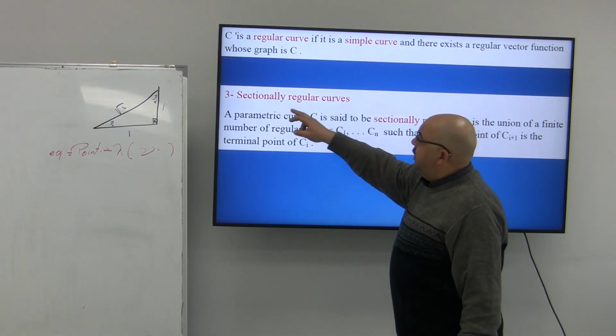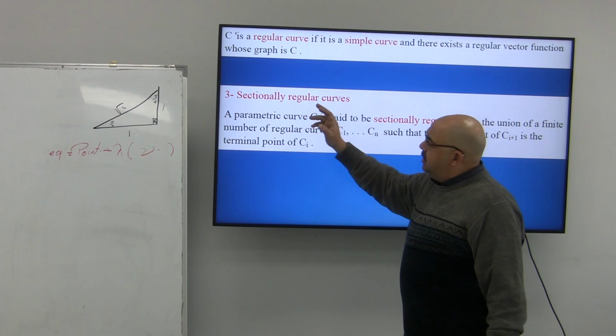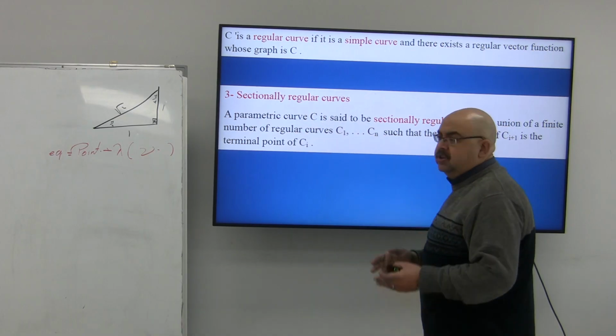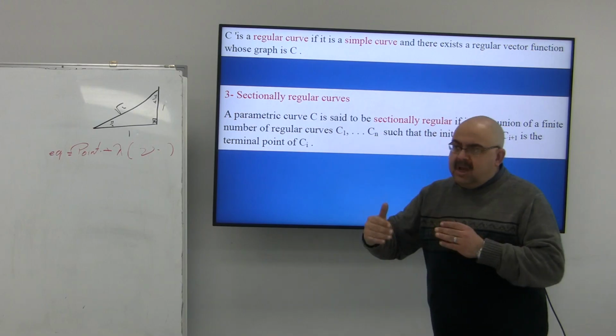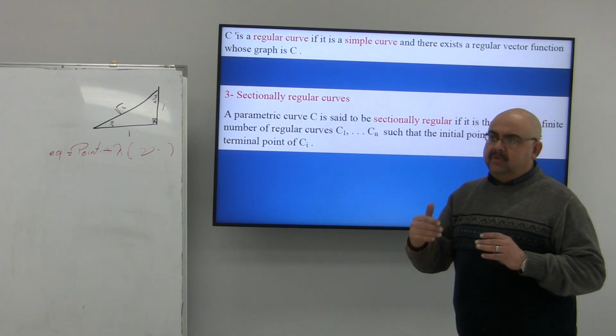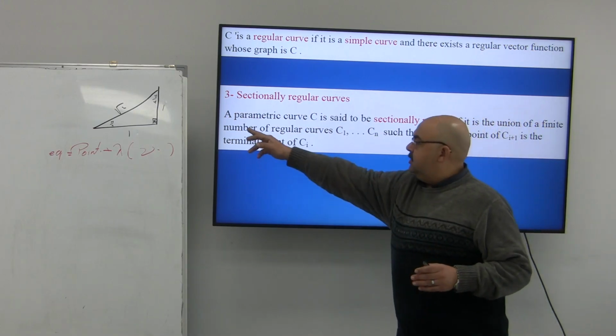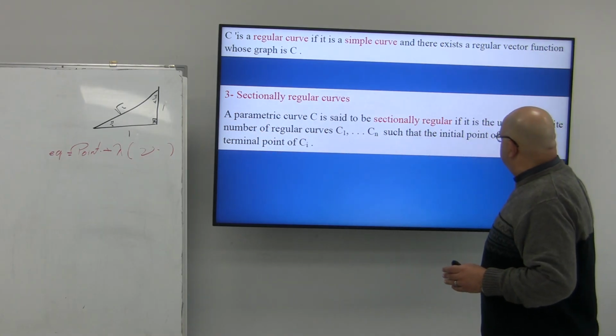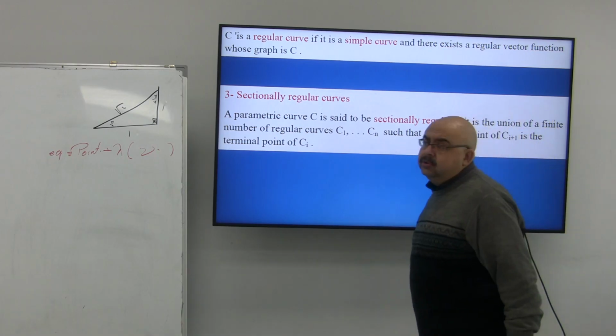There are sectionally regular curves. A parametric curve C is said to be sectionally regular if it consists of several parts, all of them regular curves C1, C2, and so on, such that the initial point of C(i+1) is the terminal point of Ci.